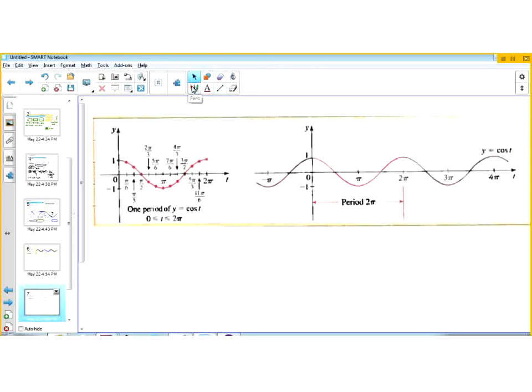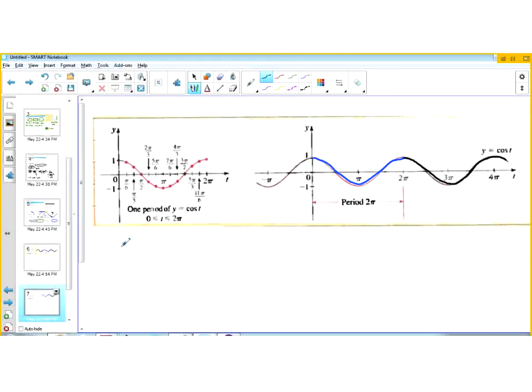So one period of the cosine function is this piece right here from 0 to 2 pi, and then we take the blue piece, copy it, and paste it at the end of the blue curve. And so this would be 2 periods of the cosine function.